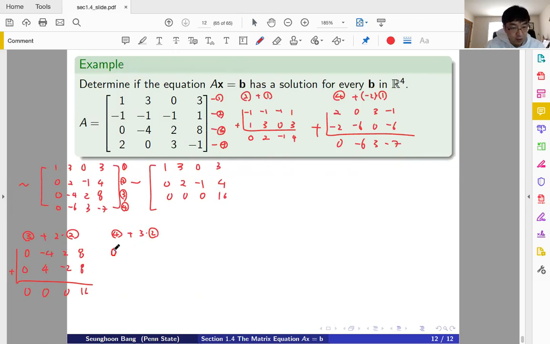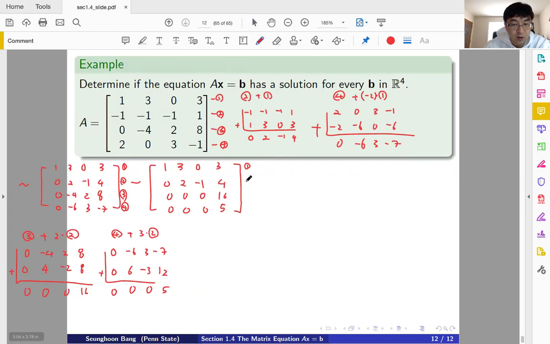The fourth row is 0, -6, 3, -7. 3 times the second row is 0, 6, -3, 12. You add it. We have 0, 0, 0, 5.